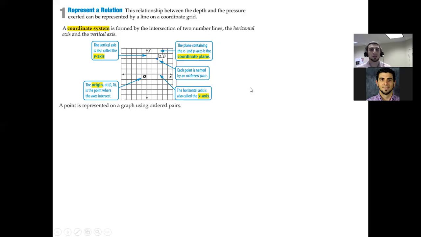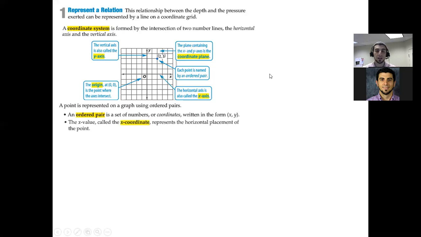Okay, so a point is represented on the graph using ordered pairs, a set of numbers or coordinates written (x, y), just like (2, 3) right here. We talked a little bit about that. The x value is called the x coordinate, and it represents the horizontal placement of the point.